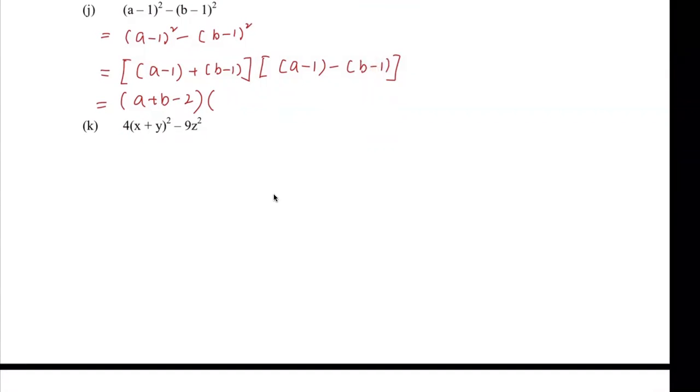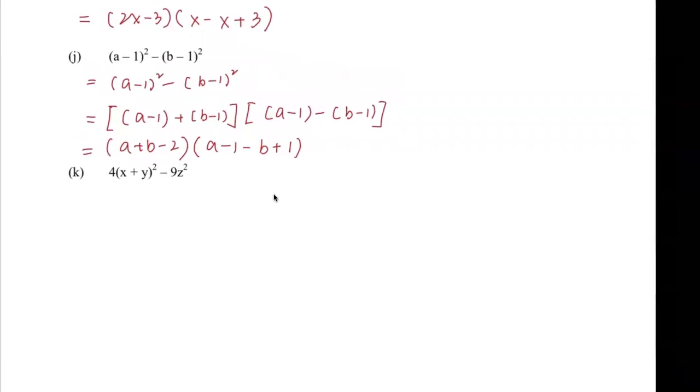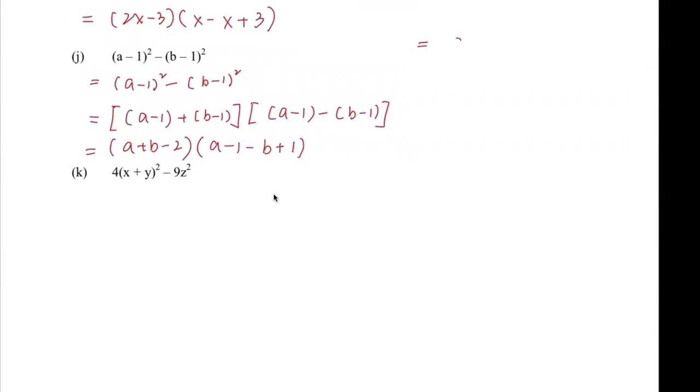So this is a minus 1 minus b plus 1. And this is equal to a plus b minus 2 times a minus 1 plus 1, this becomes 0, so it's just a minus b. So this is the answer for question J.